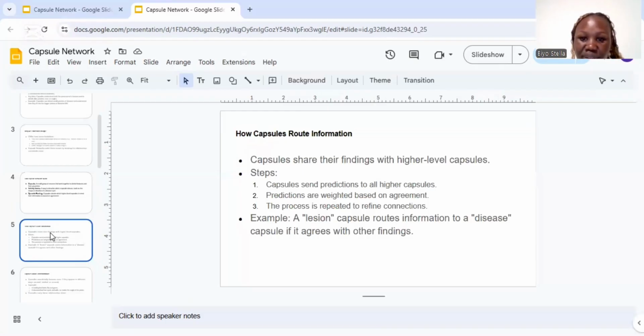Then the process is repeated to refine connections. An example of this is a lesion. The capsule routes information to a disease if it agrees with other findings. When a capsule is detecting lesions, it sends information to a higher capsule that identifies the disease.